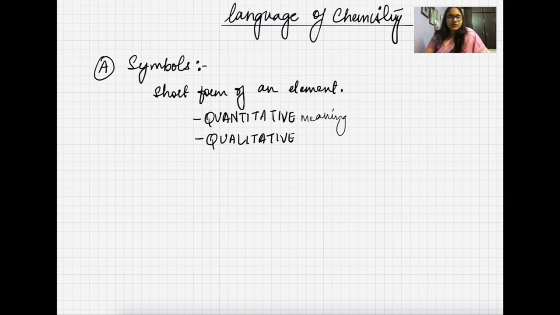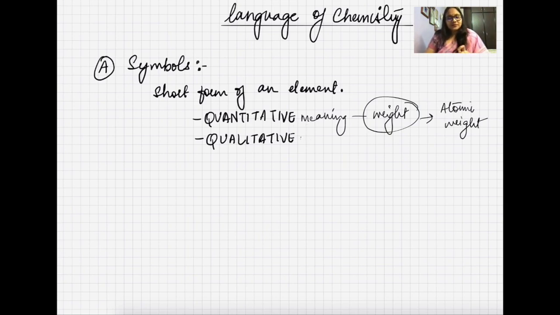One is you can either get a quantitative information or you can get a qualitative information. Quantitative information is that the symbol represents the weight of the element, meaning the particular symbol represents the atomic weight of that particular element. All right.